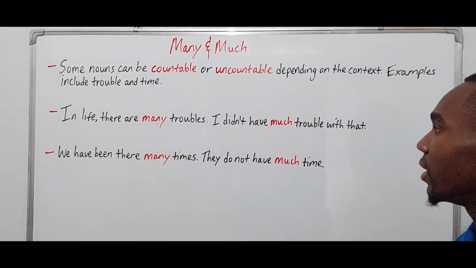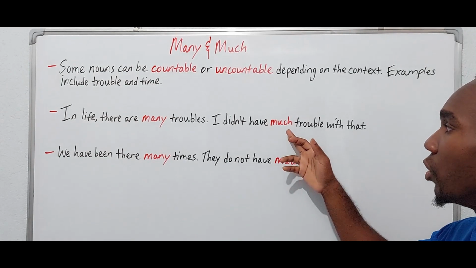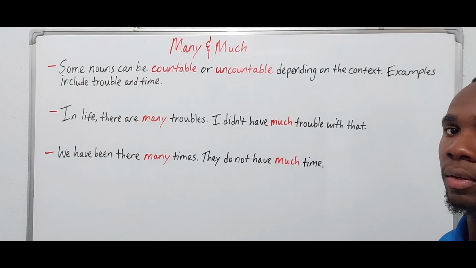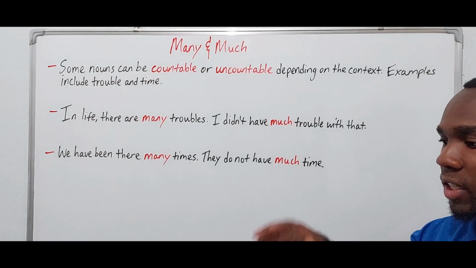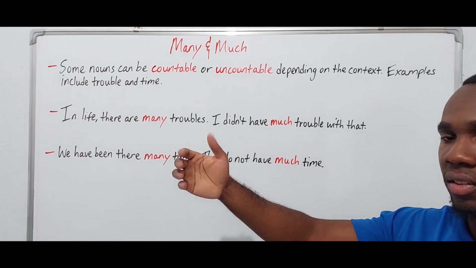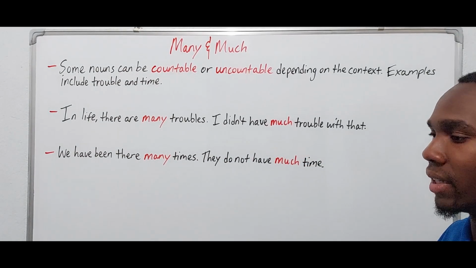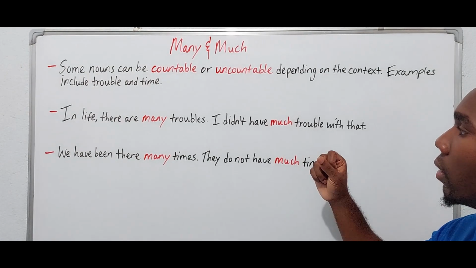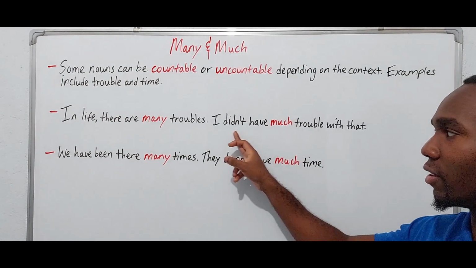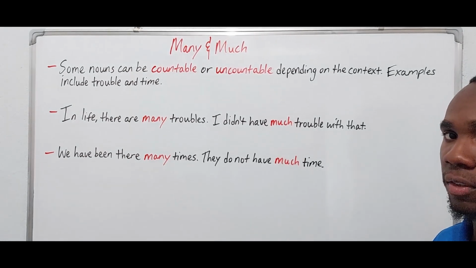So it's that you're having difficulty with that, whatever that is. So in this case, we would use much, because we're not talking about trouble as difficult situations that can be counted. And of course, you see we use it in the negative because once again, we don't really use much in the affirmative, right?